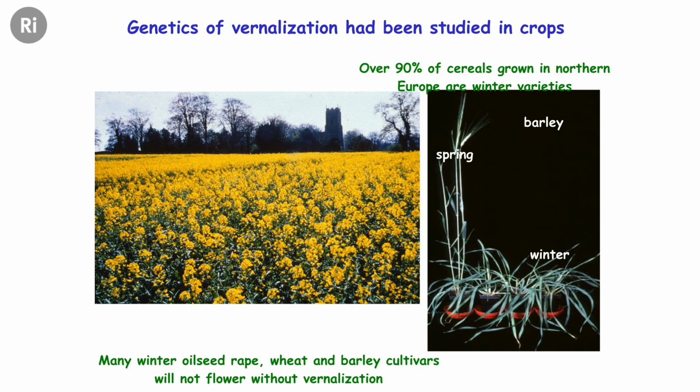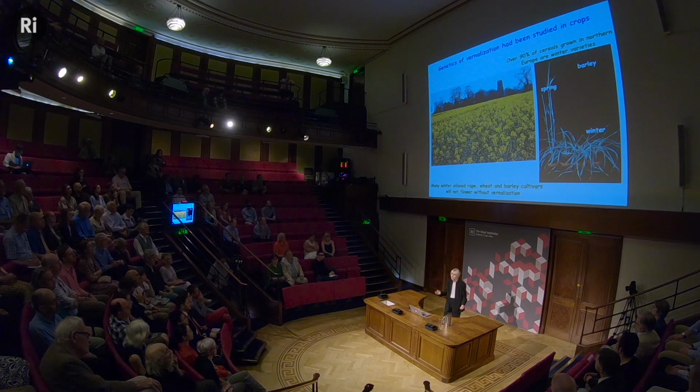So winter types are sown in autumn, then they overwinter very slowly, and then flower in March, April, whereas the spring types are sown in March and April, so they flower much later. So there's been a lot of genetics, a lot of analysis, but no molecular information. So the Institute was quite interested in having someone attack this problem molecularly.